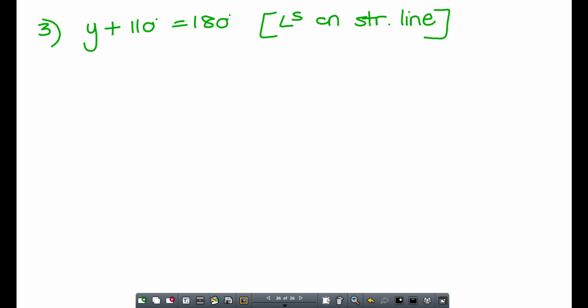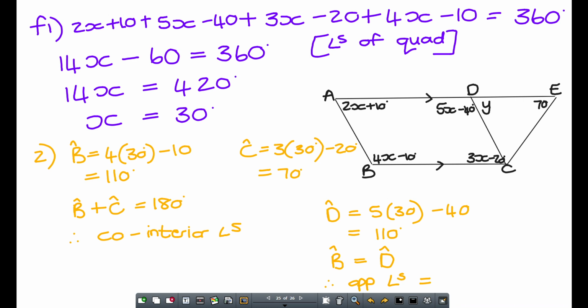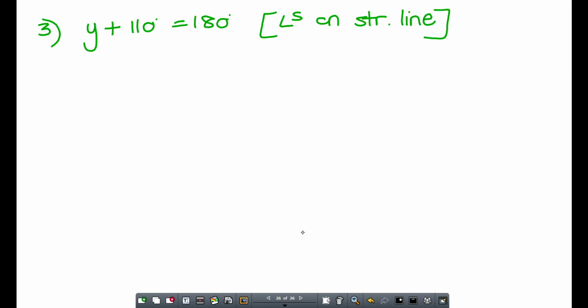Okay, I'm going to skip back to the previous slide. Angle D, we worked out is 110. So instead of talking about 5x minus 40, we already worked out it's 110. So that's why I just say y plus 110 will be 180. Do you now get it? Good. So if I take it over, it means that y will be 70 degrees.